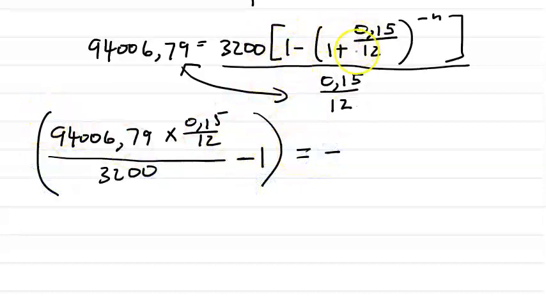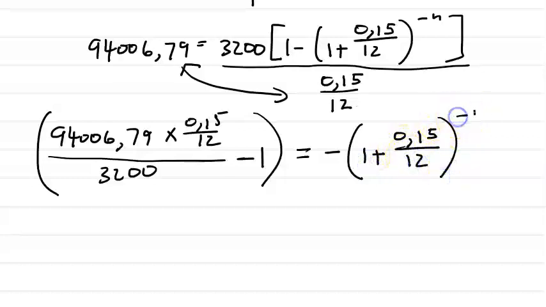On the right hand side we're left with minus 1 plus 0.15 over 12 to the minus n. So once again, 94,006 rand 79 cents times 0.15 over 12, divided by 3,200, and you bring this positive 1 to the left hand side, so it becomes negative. Now we're just going to use our calculator and simplify.